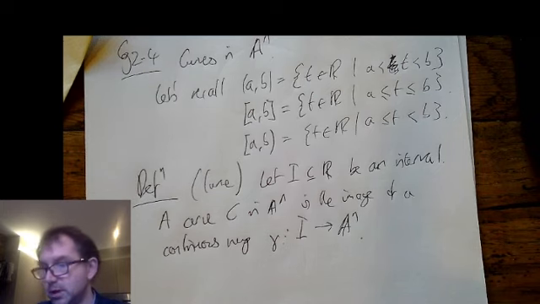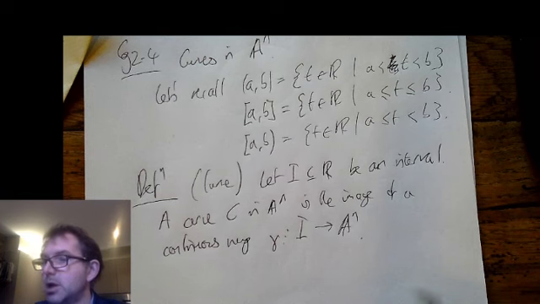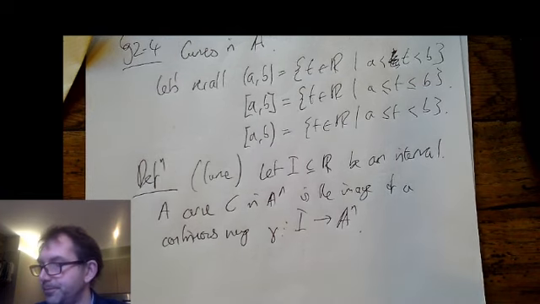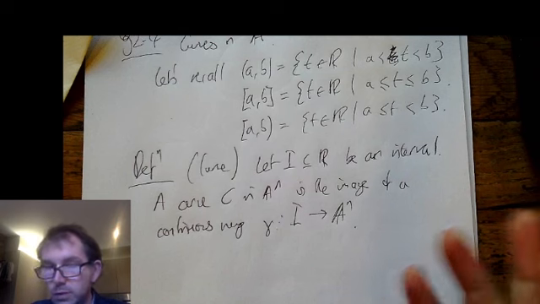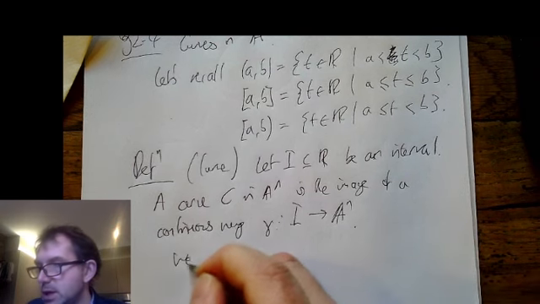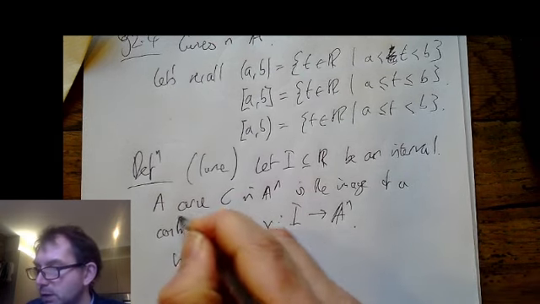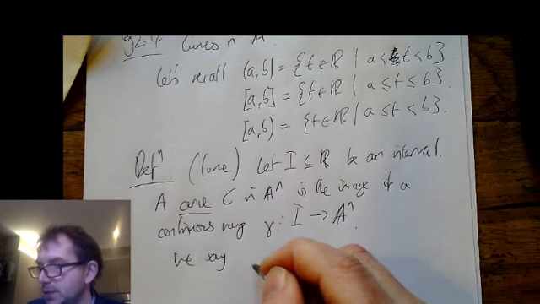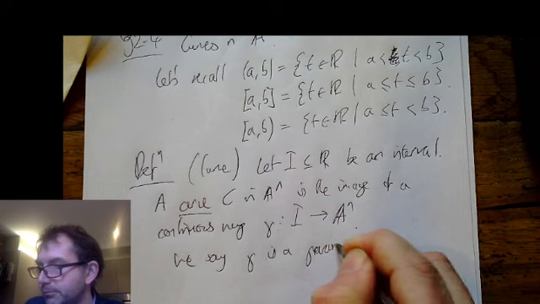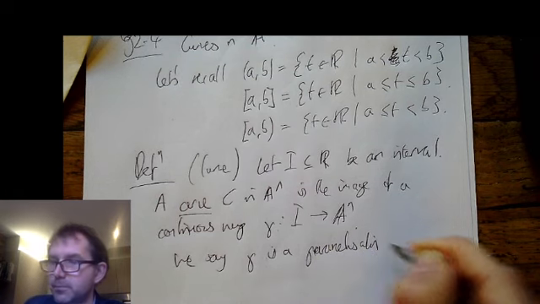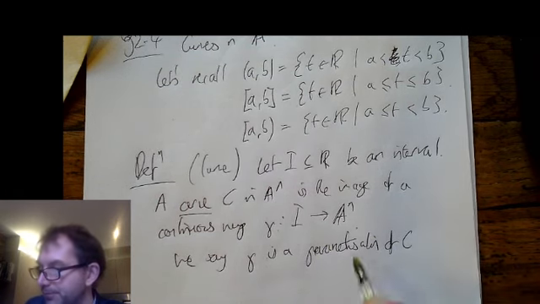It needs to be connected at all points. So we'll look at some examples in a second, but we say, let me underline that, let me say that gamma is a parameterization of C.